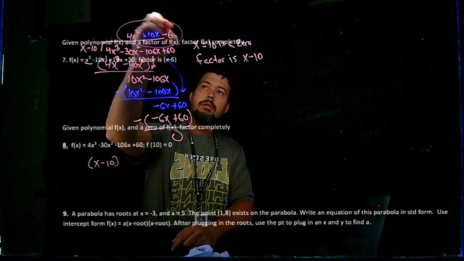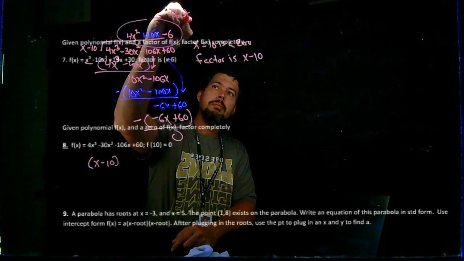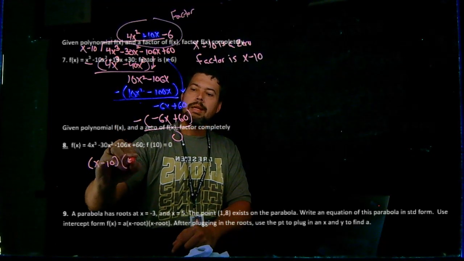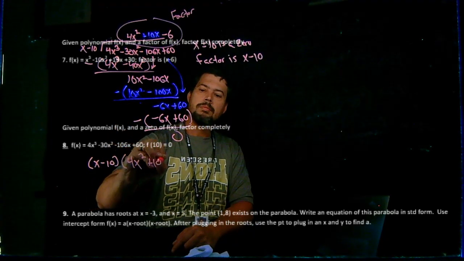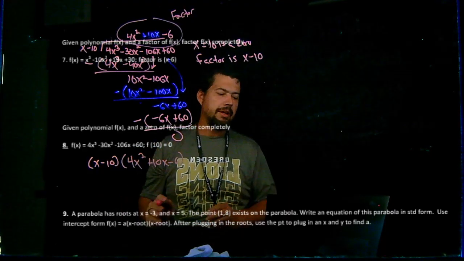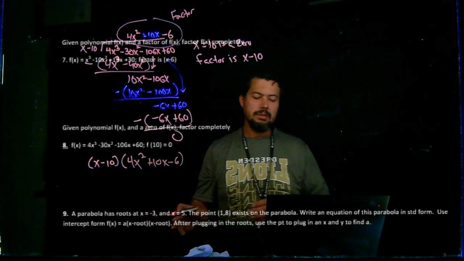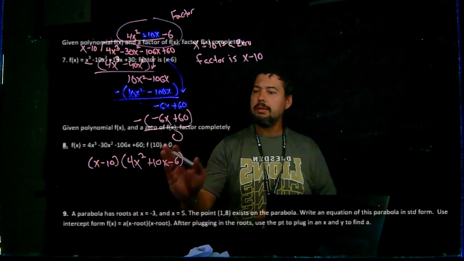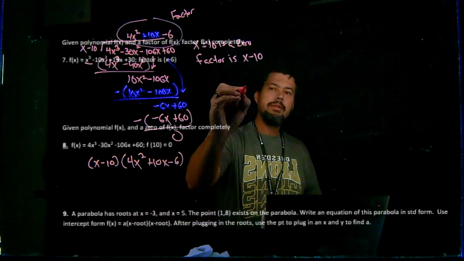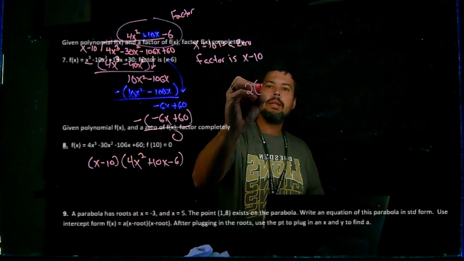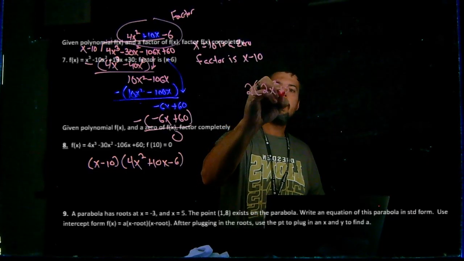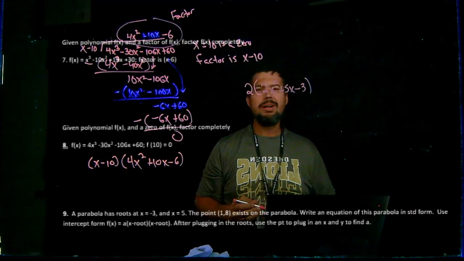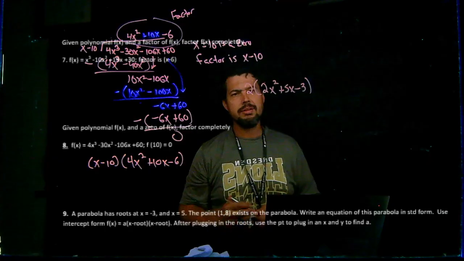This is also a factor, but wait, again, there's going to be more. It will factor too. I'm a big fan of what's called guess and check. First, I'm also a big fan of pulling numbers out, too. When I look at 4, 10, and 6, I see that everything is divisible by a 2. That'll give me a 2x squared plus a 5x minus a 3. And that is a whole heck of a lot easier to factor.